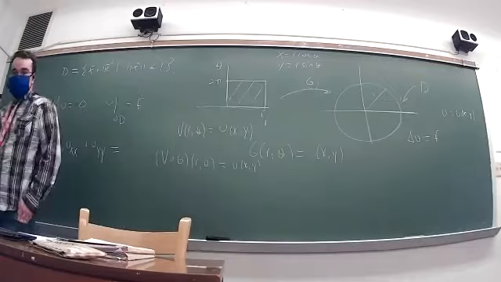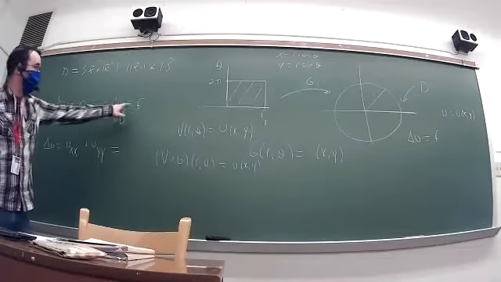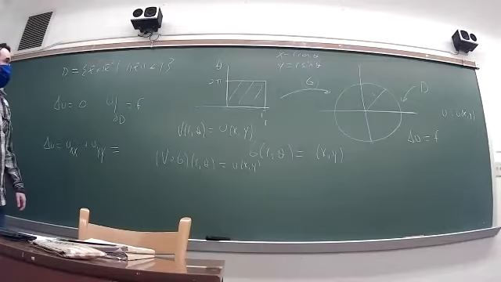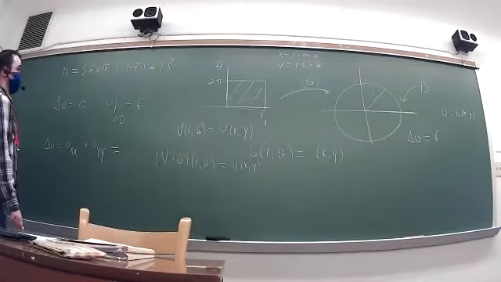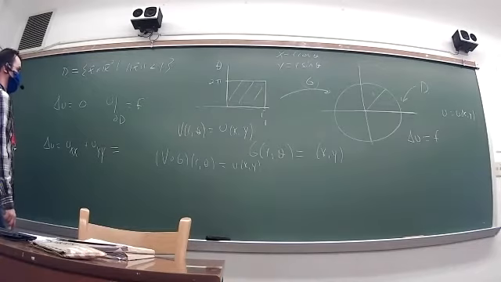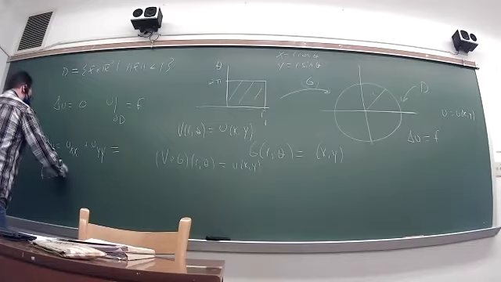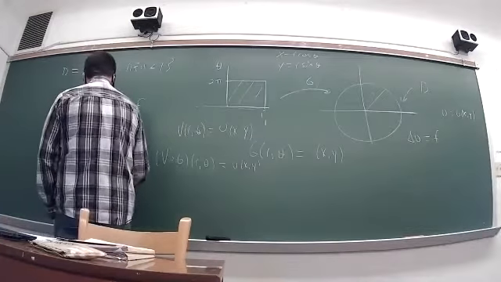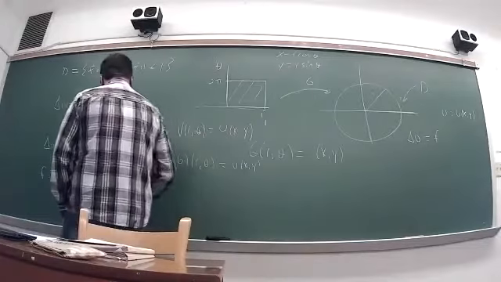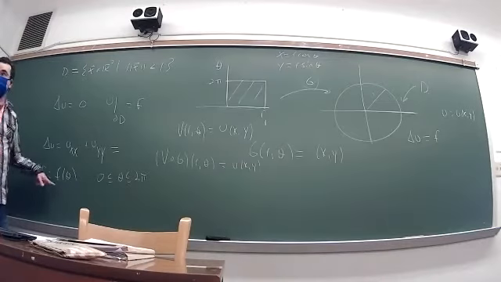All that to say, instead of worrying a priori about writing f in xy coordinates, we'll just assume that we're already back here, and that f is a function of theta, where theta goes from 0 to 2 pi, and necessarily f will have to be 2 pi periodic, right?